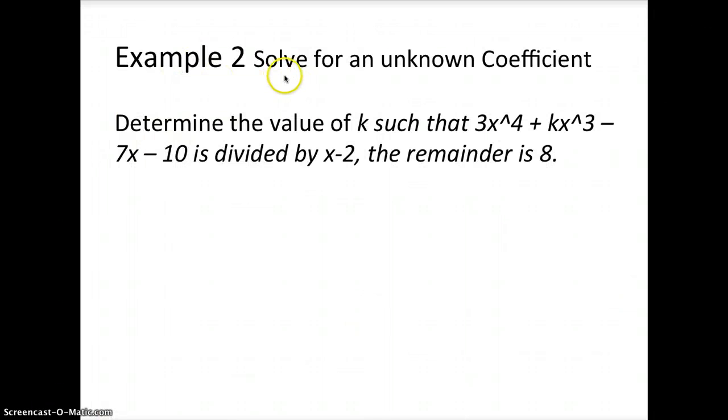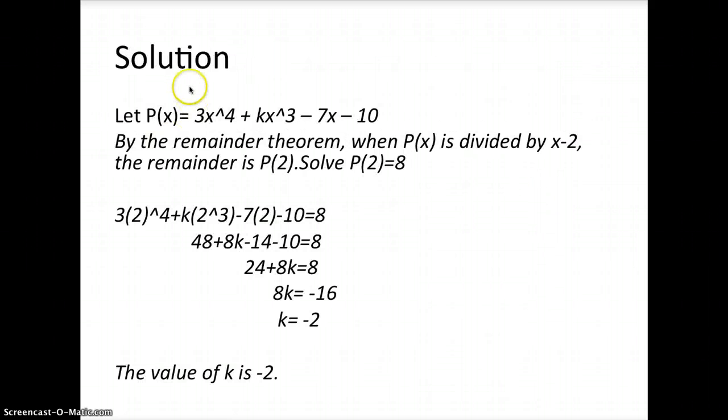For example 2, solve for an unknown coefficient. Determine the value of k such that 3x to the power of 4 plus kx cubed minus 7x minus 10 is divided by x minus 2 and the remainder is 8. For this solution, we substitute the 2 into x, and from here to here, you get k, so we find the unknown coefficient k is negative 2.